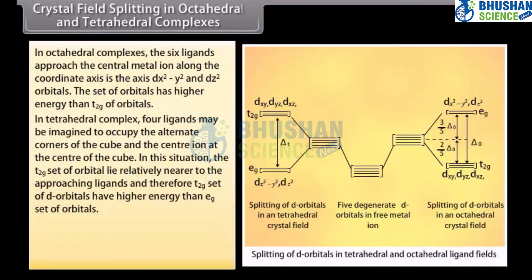In tetrahedral complexes, 4 ligands may be imagined to occupy alternate corners of a cube and the central ion at the center of the cube. In this situation, the t2g set of orbitals lie relatively nearer to the approaching ligands and therefore the t2g set of d orbitals has higher energy than the eg set of orbitals. The relationship between delta T and delta O is given by delta T equals 4 by 9 delta O.